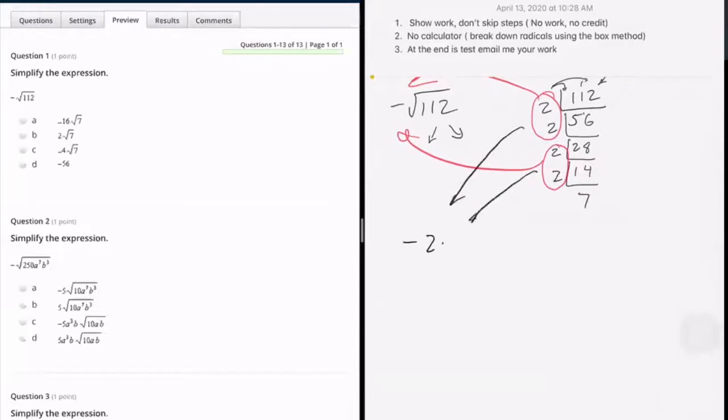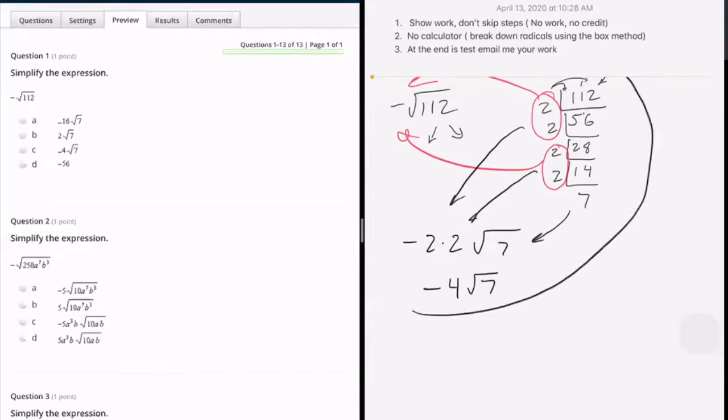And we have another 2, and we have a leftover 7. Only pairs come out. We can multiply these. 2 times 2, it's negative 4 radical 7. And that's our answer, A, B, C, or D. So if you notice, I showed a lot of work to get there, and I expect you to be able to show that amount of work also.